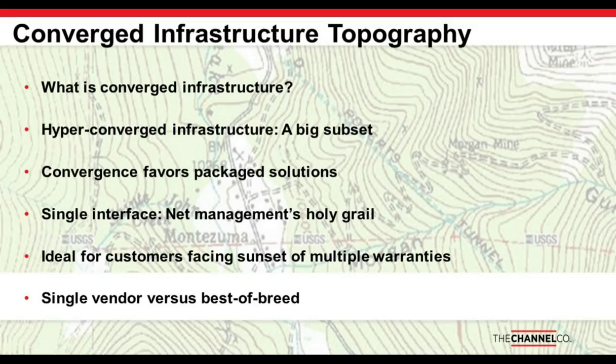So what are we talking about exactly when we talk about converged infrastructure? The term generally refers to some combination of server, storage, networking, virtualization, and sometimes other resources into a single integrated solution.